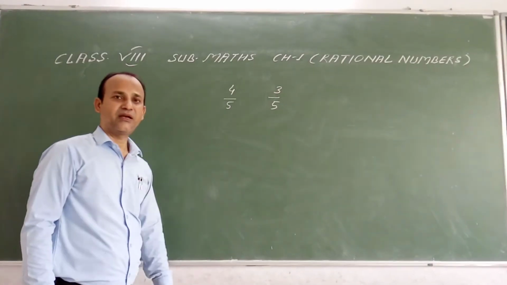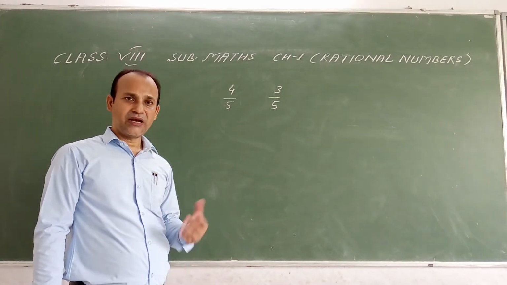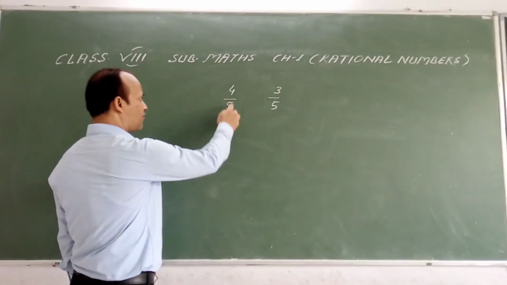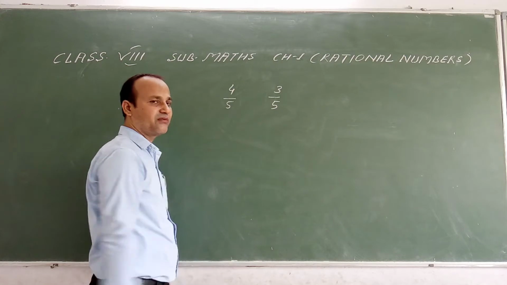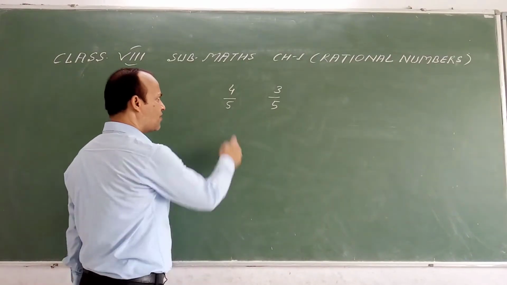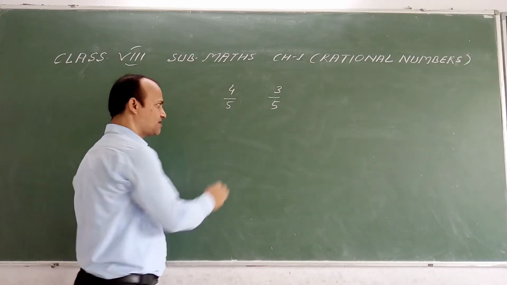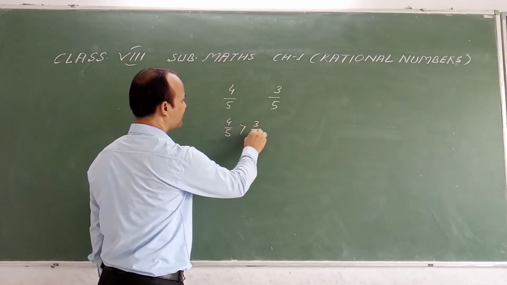If the denominators are the same, in that case whose numerator is greater, that will be greater. That means 4 upon 5 and 3 upon 5 both have the same denominator 5. In that case 4 is greater than 3, then you can directly write 4 upon 5 is greater than 3 upon 5.